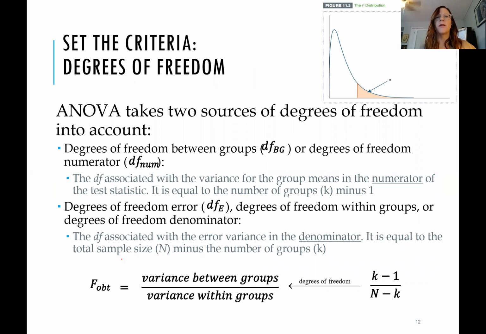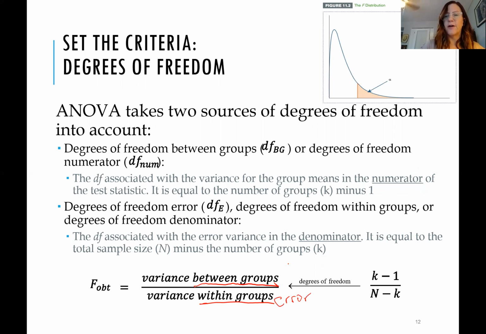So what we're going to want to do is set our criteria. Our obtained test statistic relies on the variance between groups, so remember, it's MS between groups, and then the variance within groups, or error. So that's error, if you remember.